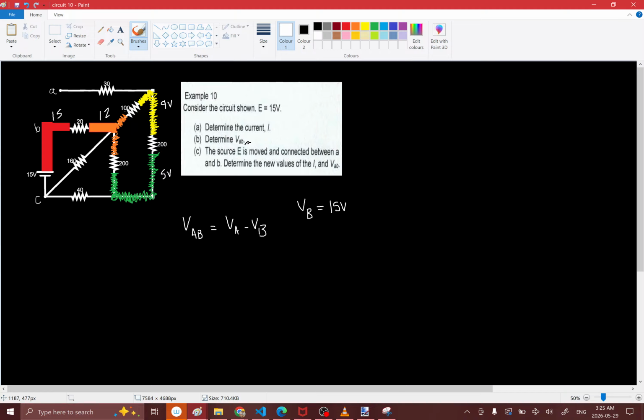So we had a 3 voltage drop over here across the 100 ohm resistor, and then a 4 voltage drop across the 200 ohm resistor. But over here, this specific 200 ohm resistor had a 12 minus 5, that's going to be 7 volts drop.